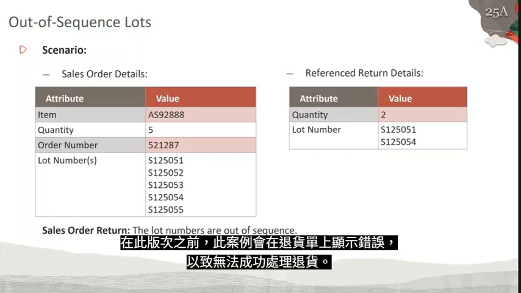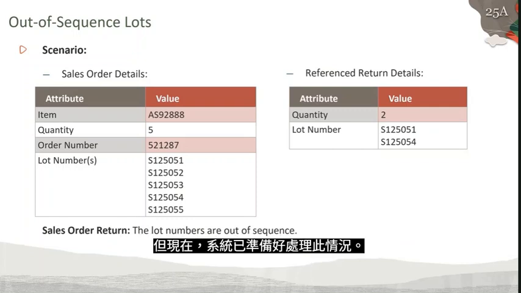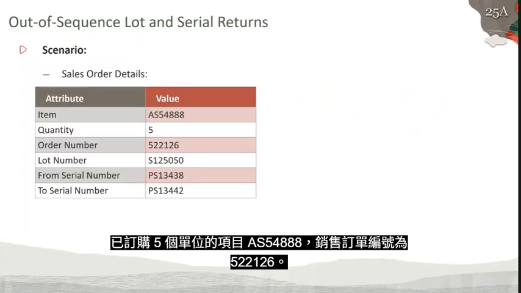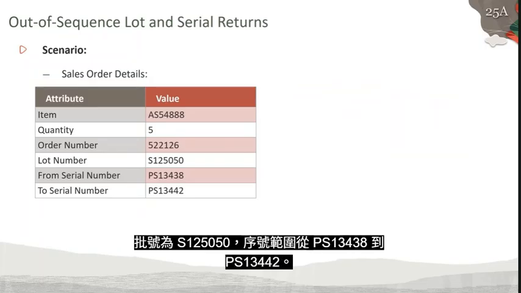Similar is the situation with out-of-sequence lot and serial numbers. 5 units of item AS54888 have been ordered with the sales order number 522126. The lot number is S125050 and the serial numbers range from S13438 to PS13442.